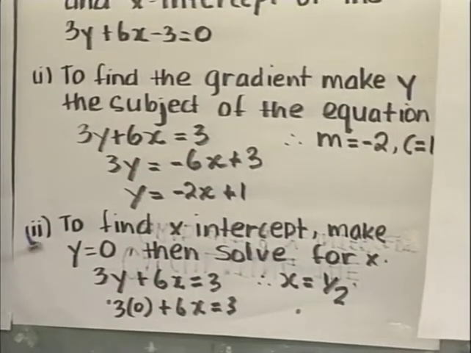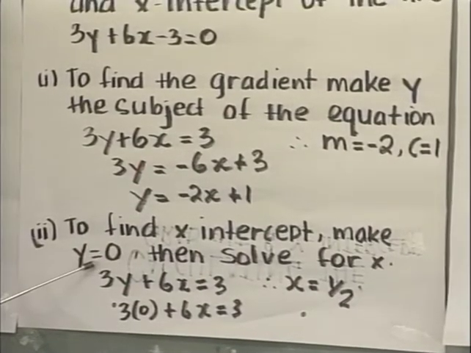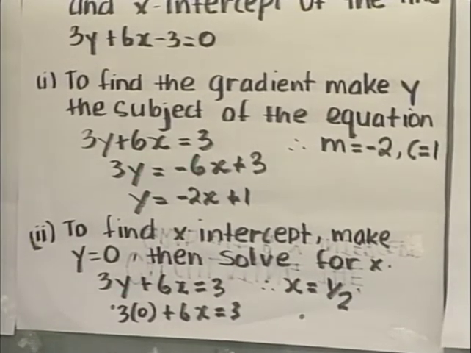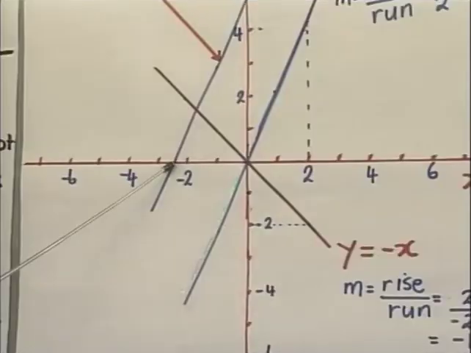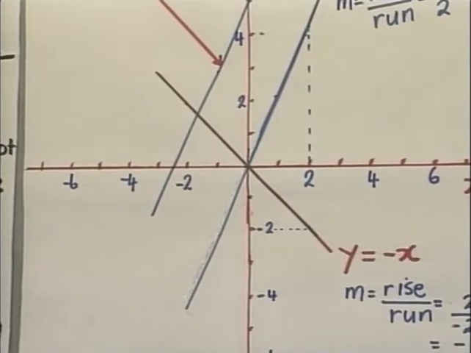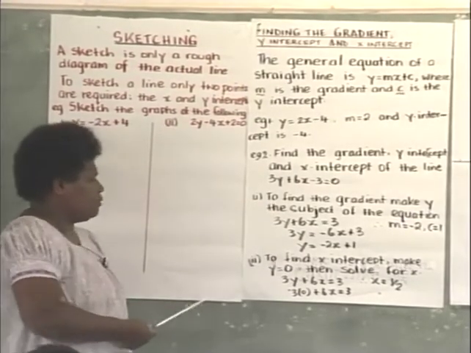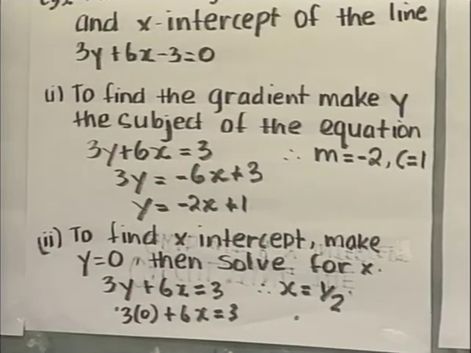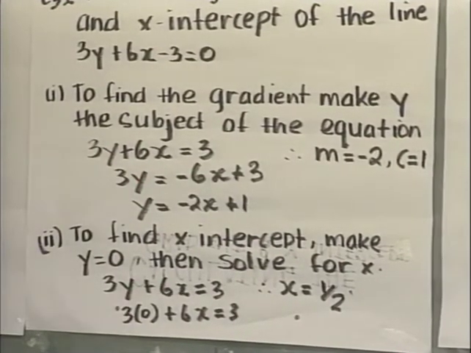To find the x-intercept, you make y equal to 0, because at the x-intercept, which is this point here, y is equal to 0. So to find the x-intercept, you have to make y equal to 0, then solve for x. So 3y plus 6x equals 3, that's the equation of the line.